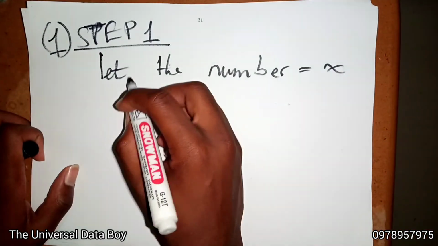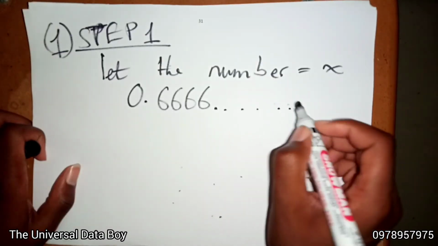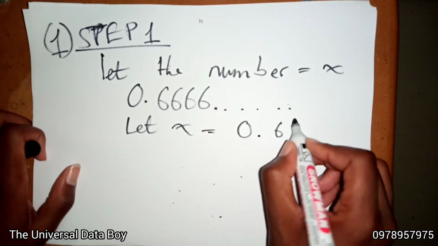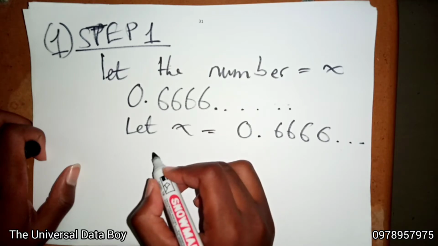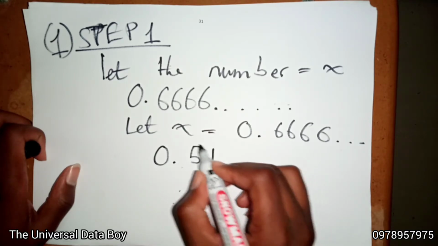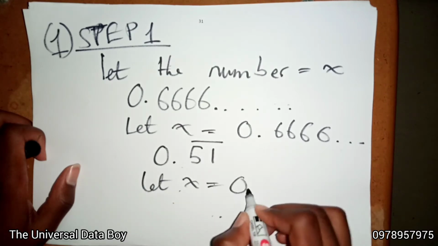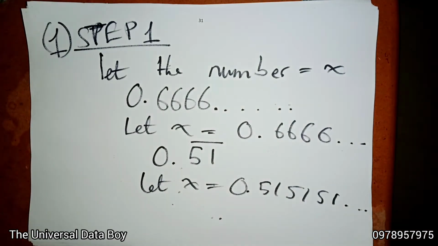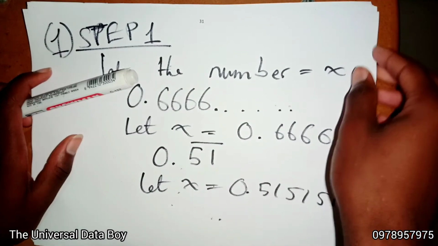If you have something like the one I gave you earlier, 0.6666 repeated, we're going to let x equal 0.6666 repeated. If your number is 0.51 repeated, we're going to let x equal 0.515151, like that. This step is very important, because you're going to see later on how it's going to come to use.